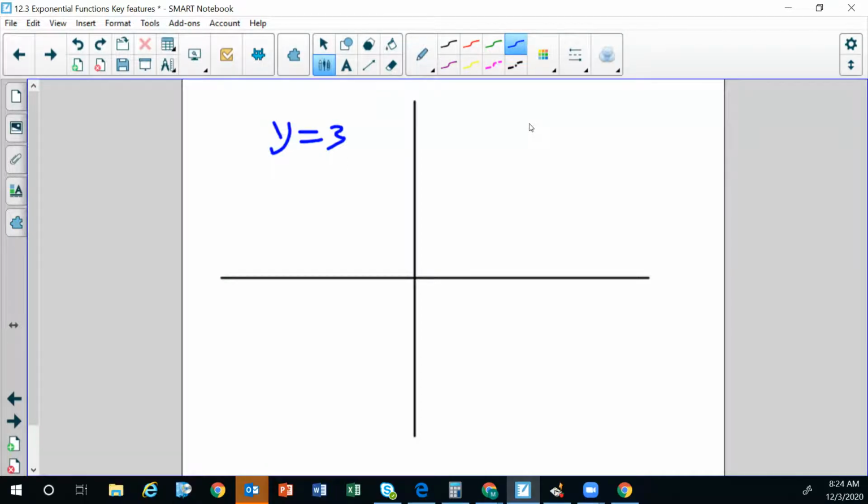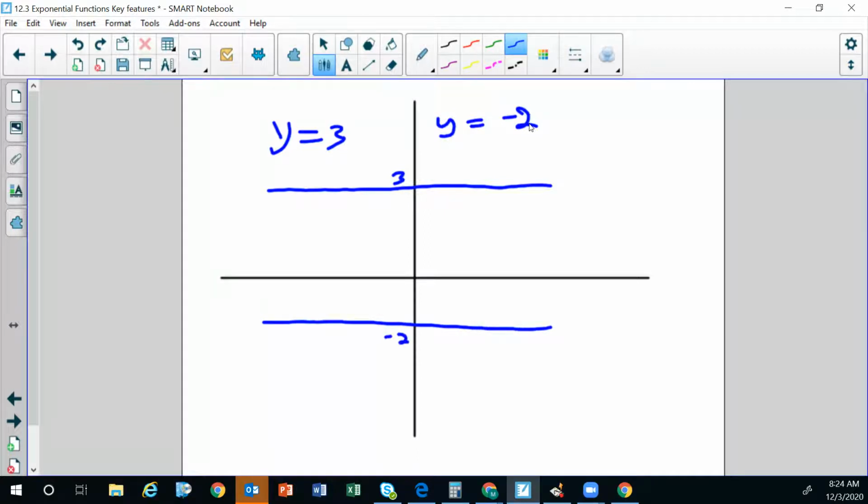It's a line that is horizontal and crosses the y-axis at what point? 3. Good. What about y equals -2? Same thing. It's a line that crosses the y-axis at the point -2.